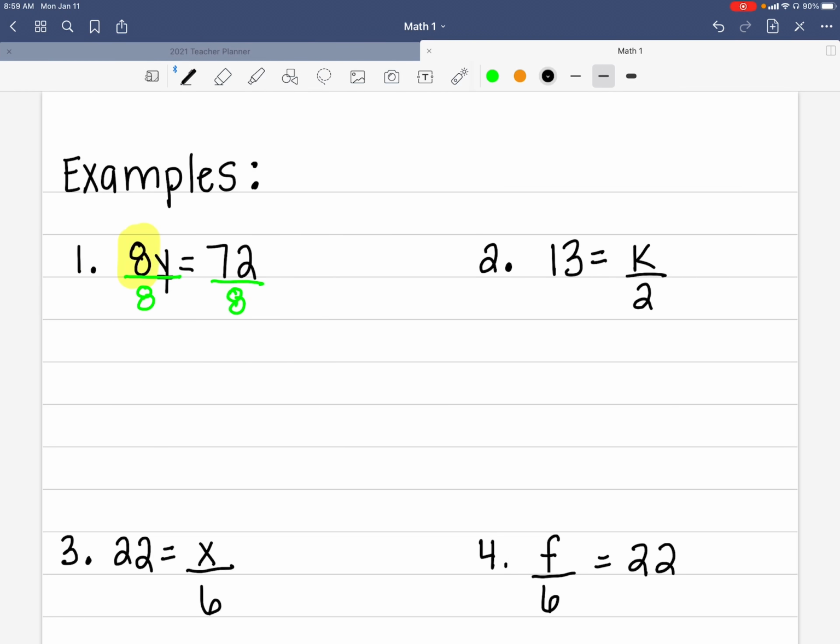Again, if you want to draw a line down the equal sign to know which side is split, that is perfectly fine. So 8 divided by 8 equals 1, so that's going to go away.